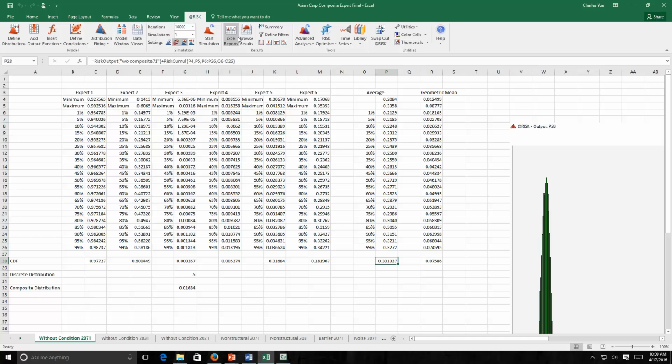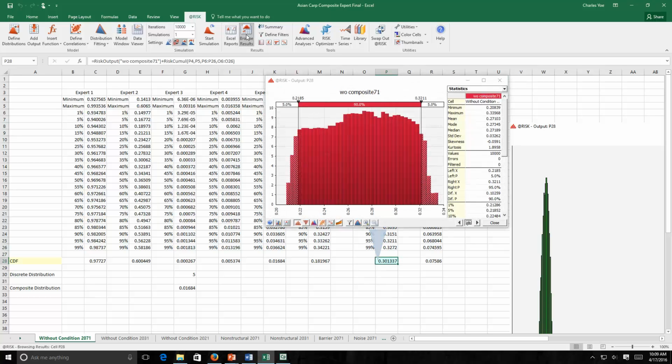And so here we have the results from our composite expert. This has taken the results from all the experts, and it's fairly close to what we saw before. And that's just because I chose expert 6. If I had chosen another expert, this would look quite different. But this is between 21 and 34% now.